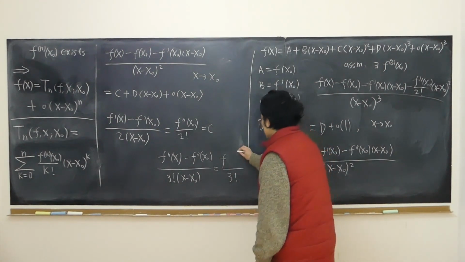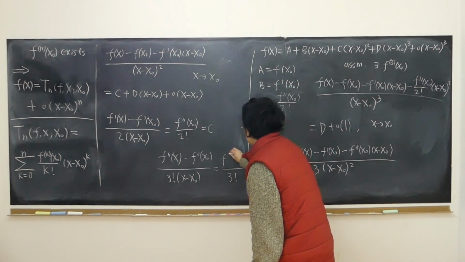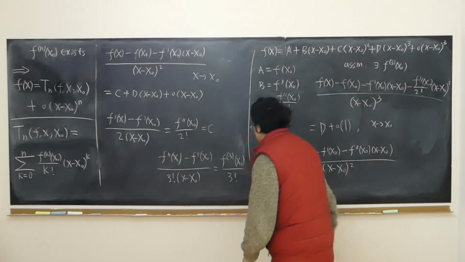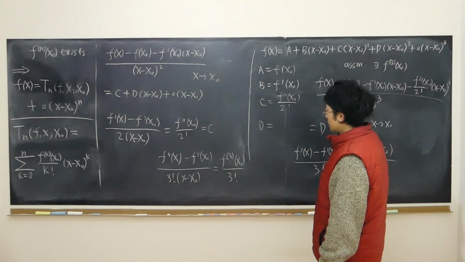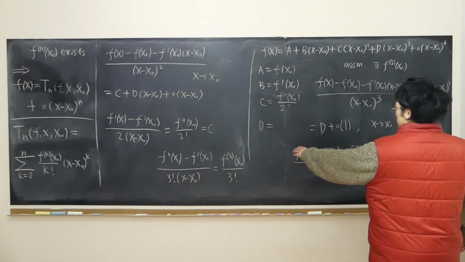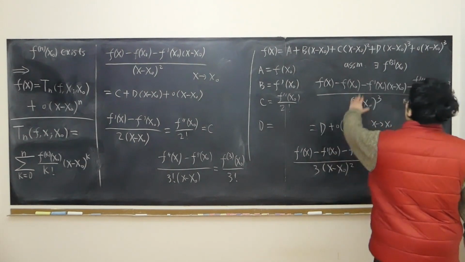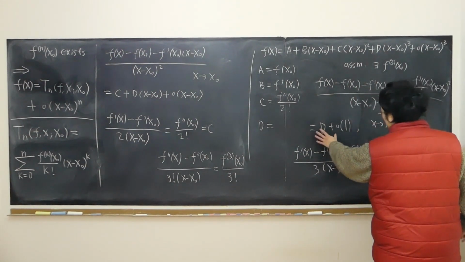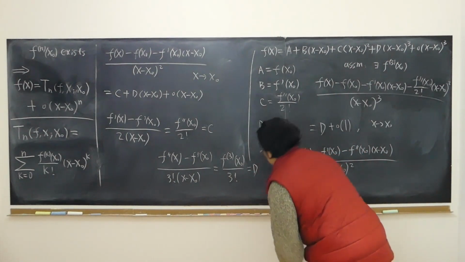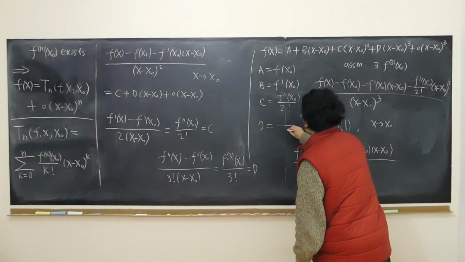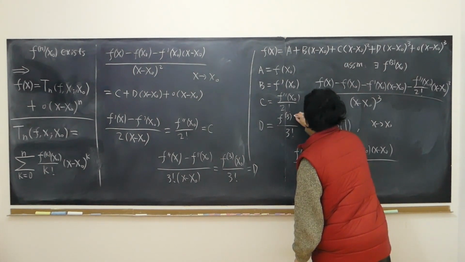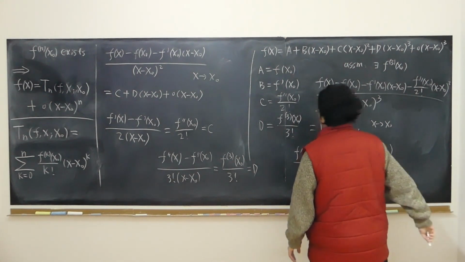So the pattern is very clear. This is in the end the limit of the left-hand side. The right-hand side easily approaches d. So d is the third order derivative at x naught over 3 factorial.